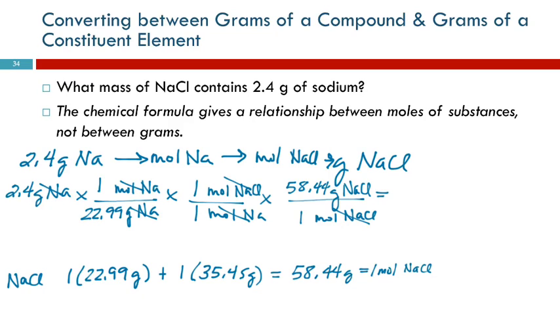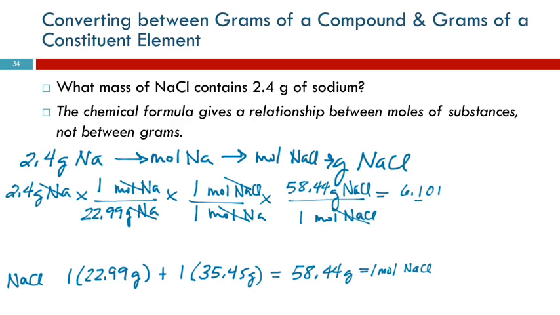So I start at the left, multiply by the top, divide by the bottom. 2.4 times 1 divided by 22.99 times 1 divided by 1 times 58.44 divided by 1. And again, some people need to do the multiplying and dividing by 1, other people don't. You'll get the same place. So I should have 2 sig figs and write down 2 more digits.